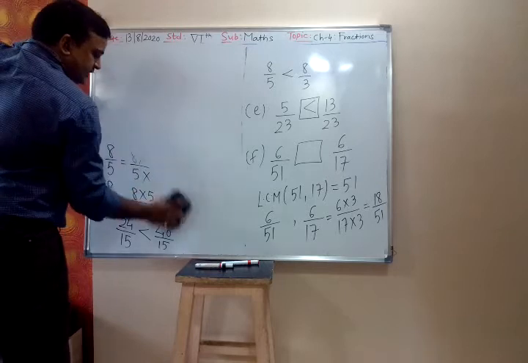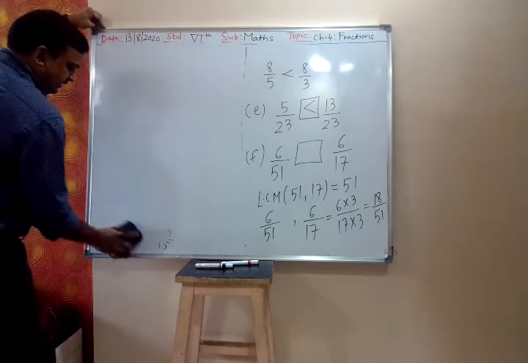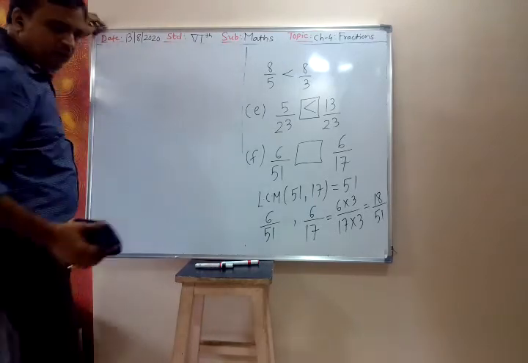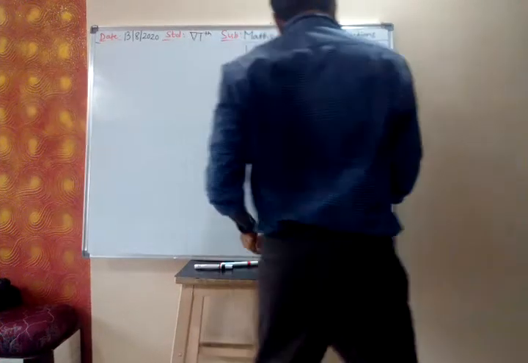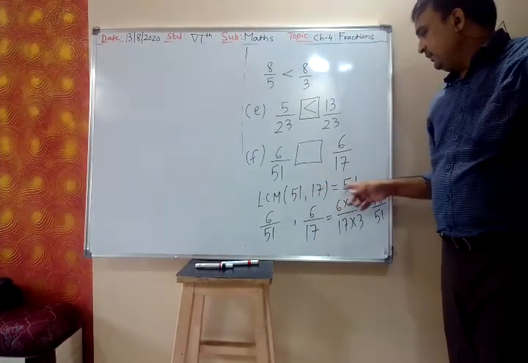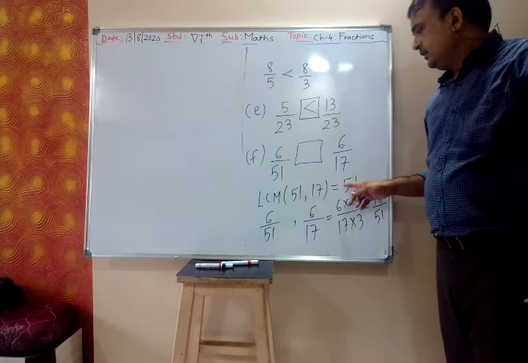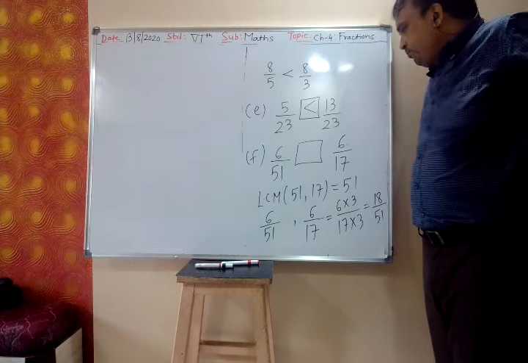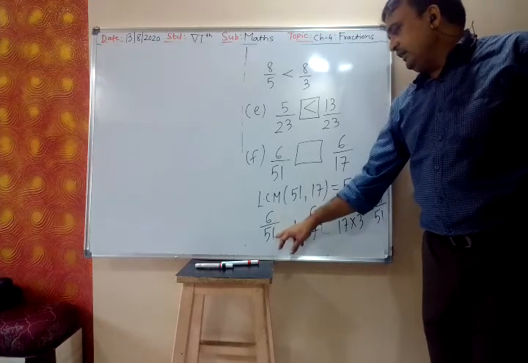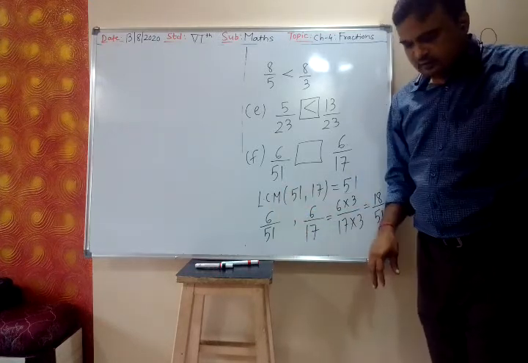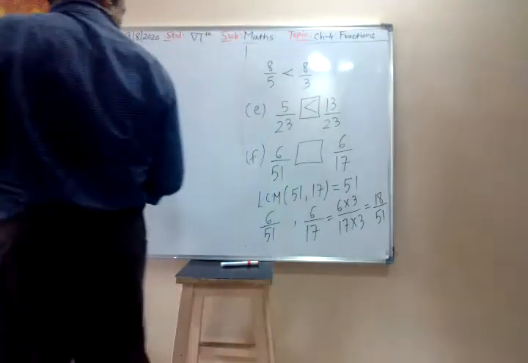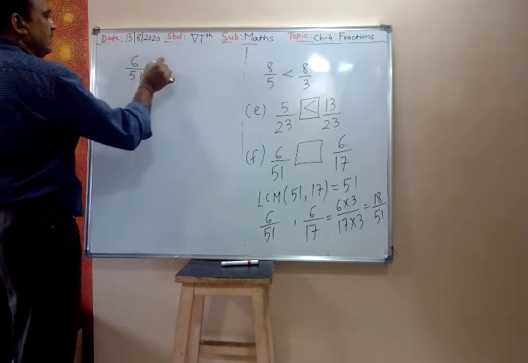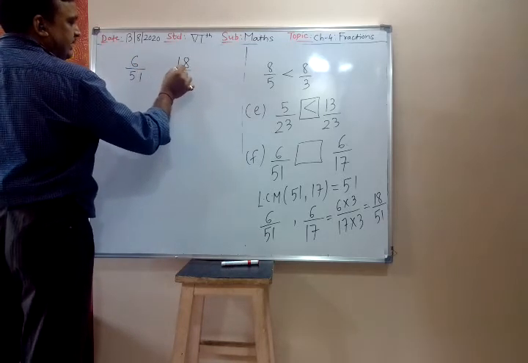Because the denominator is already 51, no? LCM is 51, because for 51 and 17, the LCM is 51. So 6 upon 51, the denominator is already 51, and 18 upon 51.